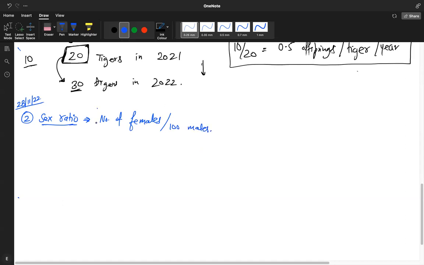It can also be the other way around. So you will get to know what percentage.